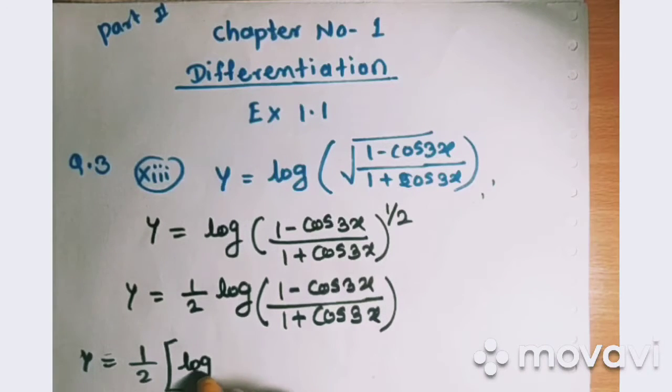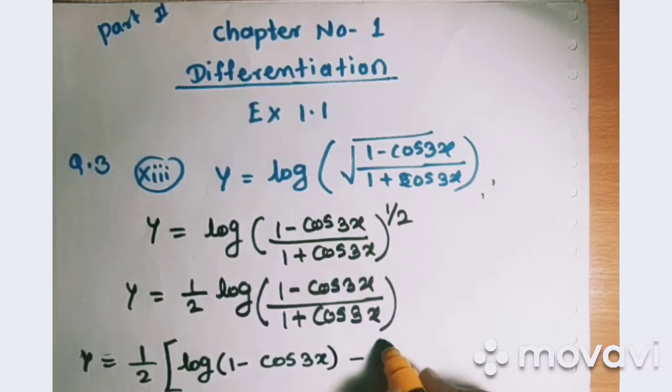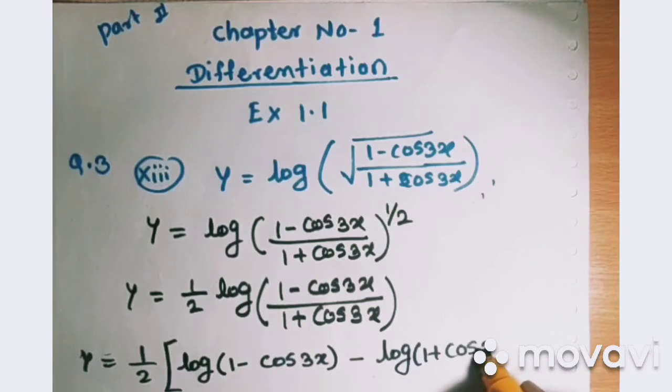It becomes log of m divided by n, that is log of (1 minus cos 3x) minus log of (1 plus cos 3x). This is log of m minus log of n.